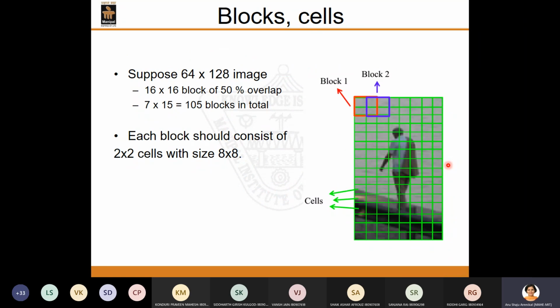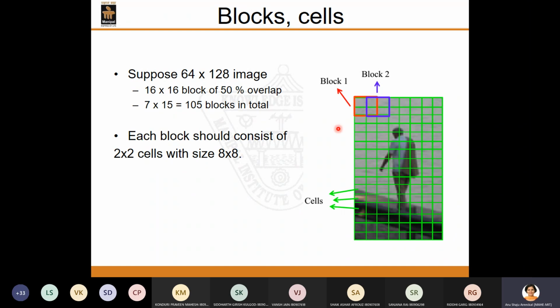If you look at this image over here, you see that it's an image of a person walking, and you have a background which looks like a homogeneous intensity, and there is something like a bridge or a path over here.